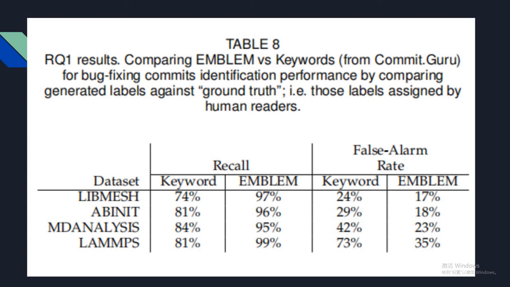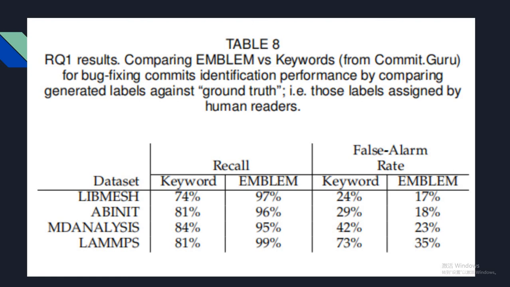A research question brought up was how close Emblem and keyword labeling are to human labels. To answer this, we need to know that software maintenance is a continuing process, and software developers have the domain expertise to understand the commit logs.